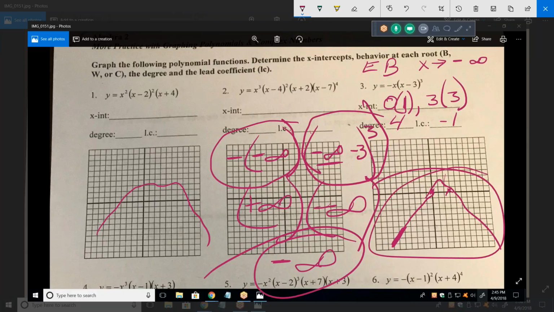And you can see that you only need 3 things. You don't even need the degree or this. I don't even know why they ask you about both of those. What you need is end behavior, and you need whether it goes through each zero or bounces. That's it. Those three things will allow you to graph it.